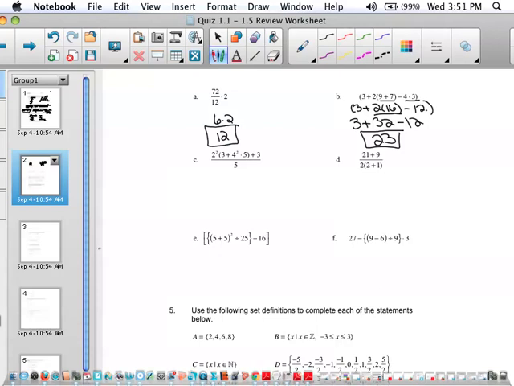C, be careful with this one. You have to first do the exponents. So I have 4 times 3 plus 16 times 5 plus 3 over 5. The next operation will be this multiplication right here. So I will have 4 times 3 plus 80 plus 3 over 5.